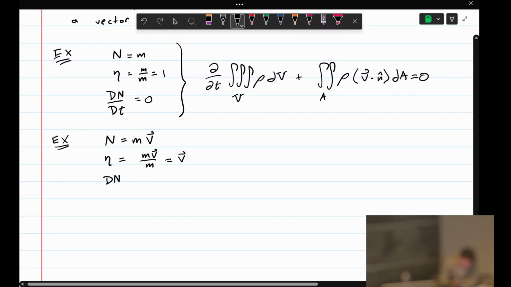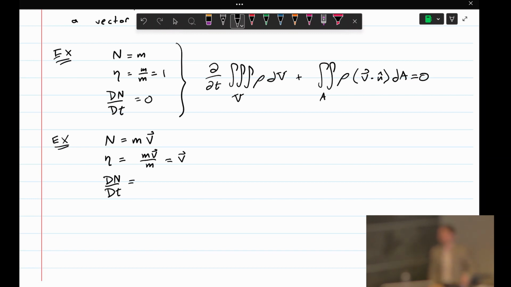I have another question. What about dN/dt? I said we get to pick this, right? So what do we expect the total time rate of change of momentum of a control mass to equal? So we got 0. Yeah, I think you're about to get it. What do you expect the total time rate of change of momentum to equal? 0. Okay, that's a good guess.